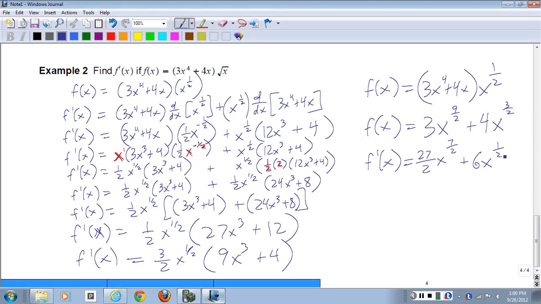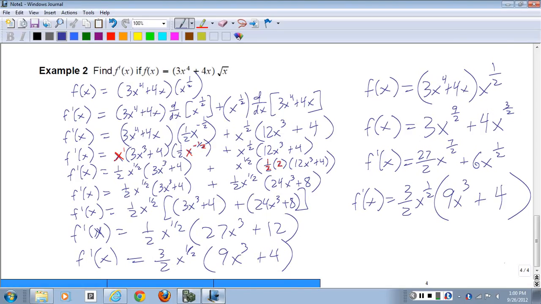Or you could factor out 3 halves x to the 1/2, and I think you have 9x cubed plus 4.